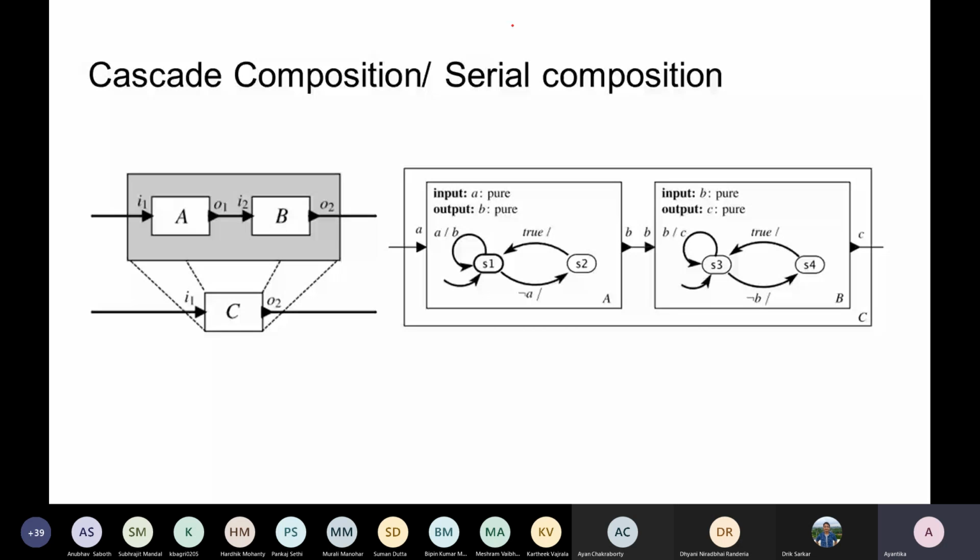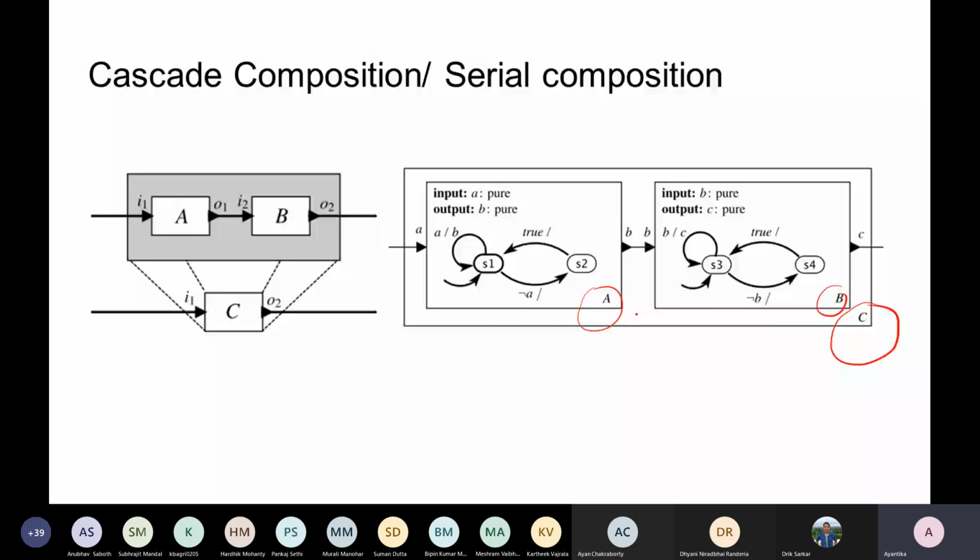Next, compared to that, a simpler composition is the cascade composition or serial composition. As the name suggests, here is one FSM A, another FSM B, and this is your master FSM when you are considering these states together.